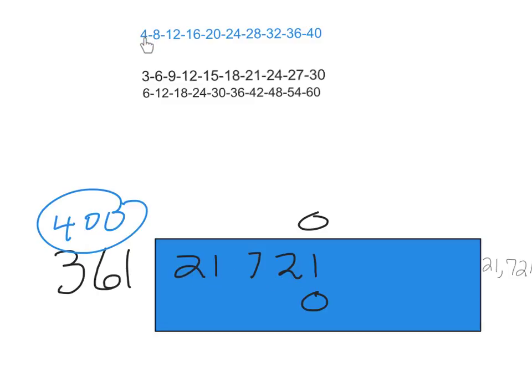So I've got 400, 800, 1,200, 1,600, 2,000, 2,400, which is too much. So I'm going to come back here, which means I'm going to multiply by 5. So I'm going to plug a 5 right here, and then 5 times 1 is going to give me a 5 right there.